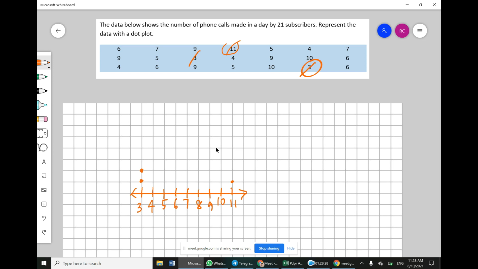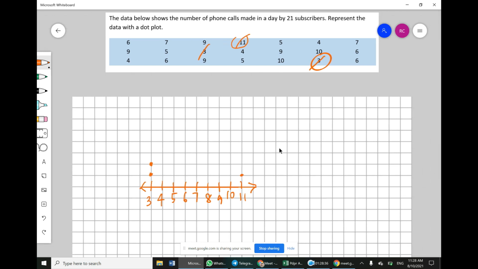After you finish plotting everything, what is the next thing you need to do? You need to label the axis, right? Label the axis with what?